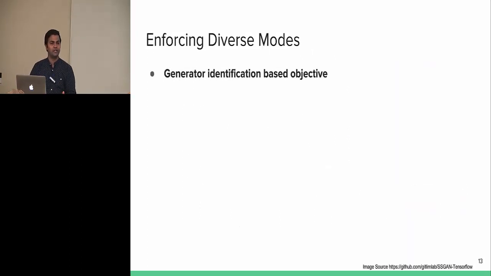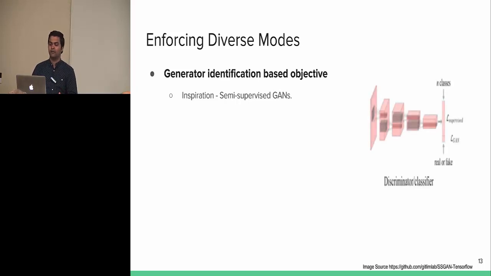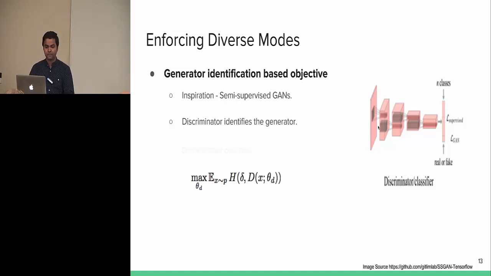The other objective that they have defined is called the generator identification based objective. Here, the inspiration is from semi-supervised GANs, where the output of the discriminator is not binary, real or fake, but it should also detect the generator which has generated the image.